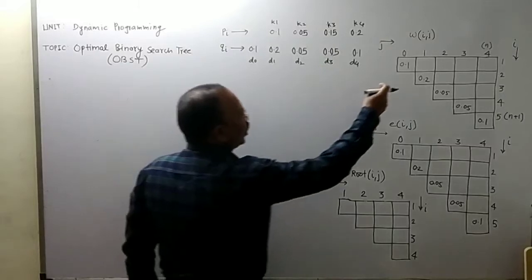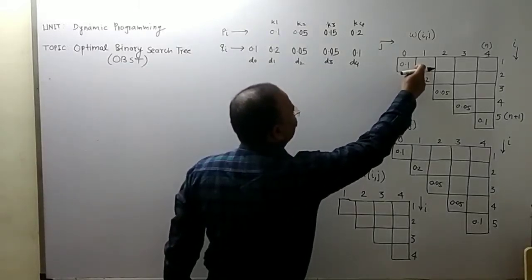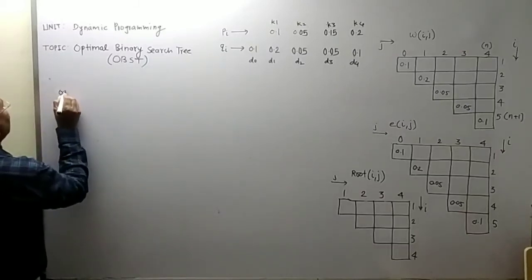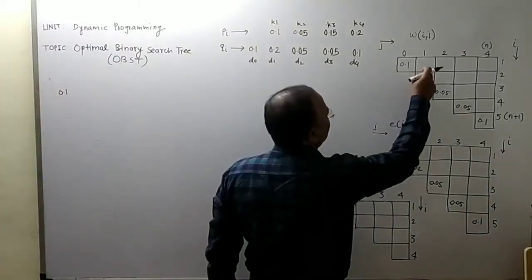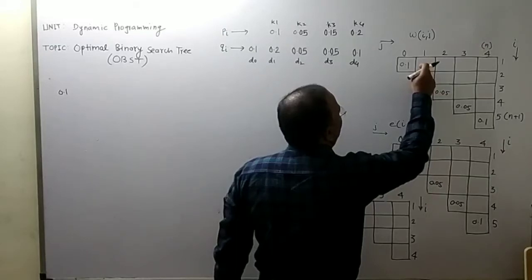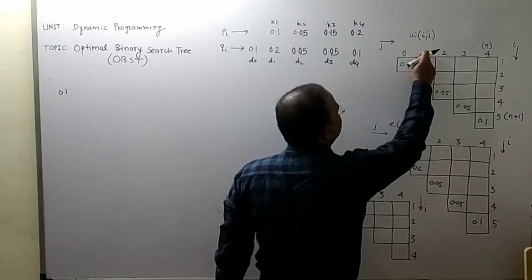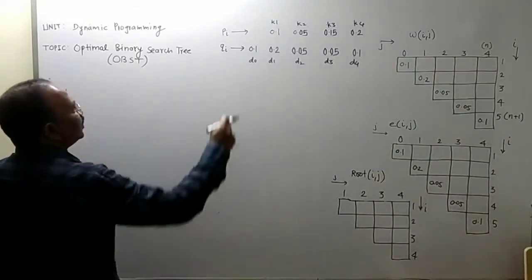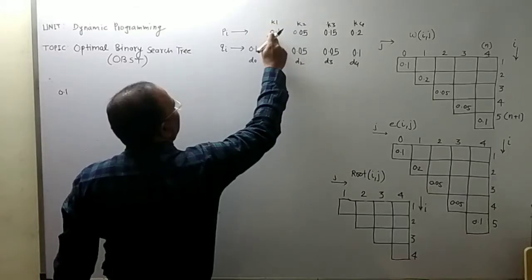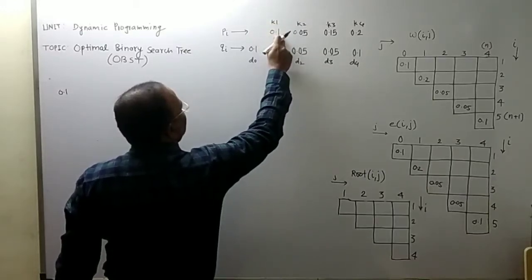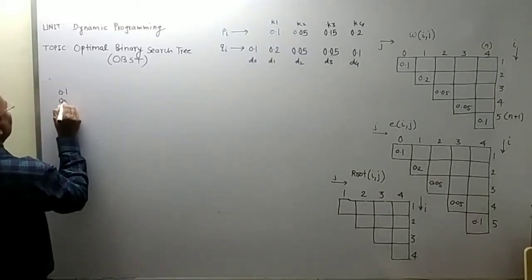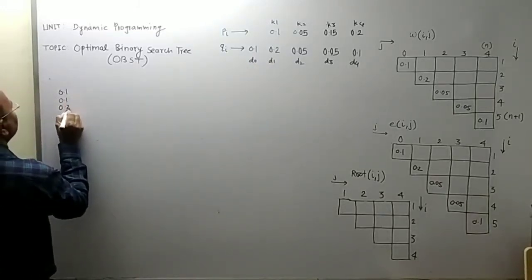For that we have to consider the value from the previous cell, that is 0.1, and take the sum of the probabilities of actual key K1 and dummy key D1. The probability of K1 is 0.1 and probability of D1 is 0.2. 0.1, 0.2.